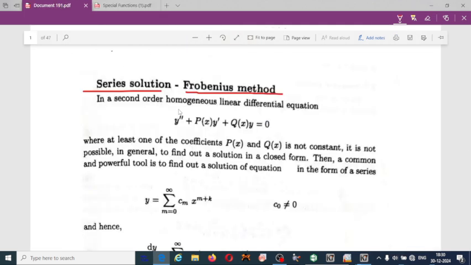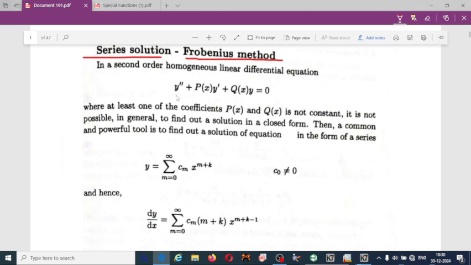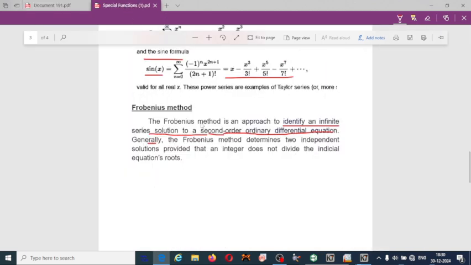As we are taking the special functions, they are second order ordinary homogeneous linear differential equations. Generally the Frobenius method consists of two independent solutions. Any of the Bessel, Laguerre or Legendre, if you take, they consist of two independent solutions.